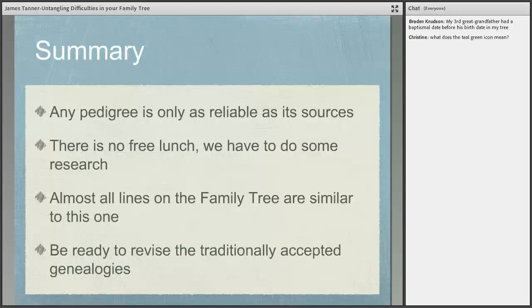And one of the next things is to be ready to revise traditionally accepted genealogies. Just because you got this from someone that you thought was reliable, such as your distant relative, does not mean that that person had the records that you have today, or that that person was correct. They may not have done the research at all.